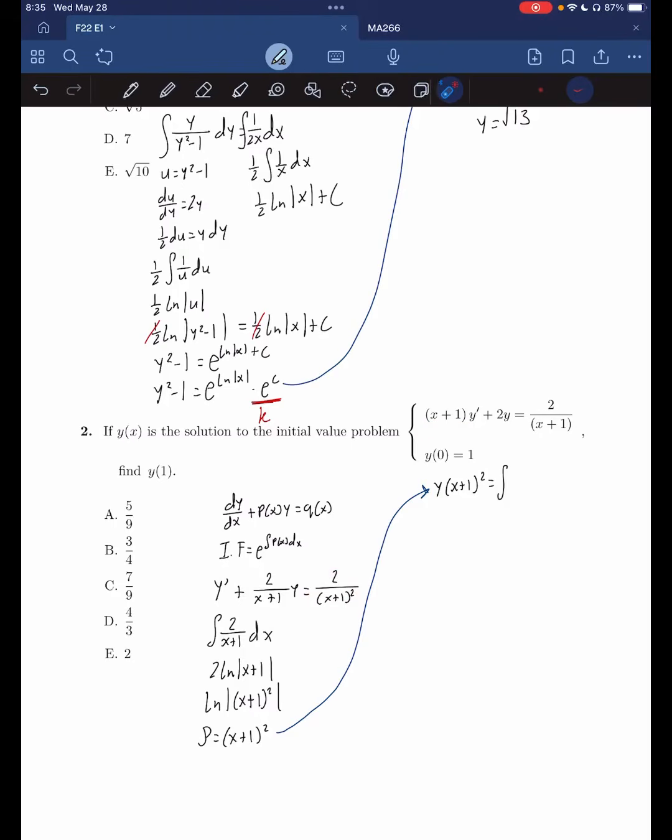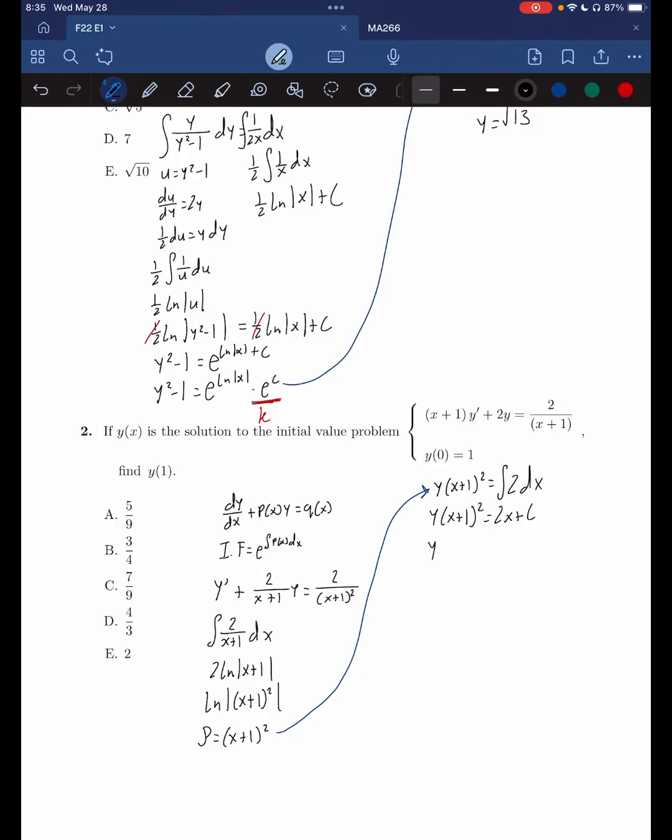When we multiply our integrating factor and q of x together, our (x plus 1) squareds cancel, and we're just left with a nice 2 dx. So y times (x plus 1) squared is equal to 2x plus c. And that's why I didn't add a c at the integrating factor, because that would just be absorbed into this other constant on the right side.